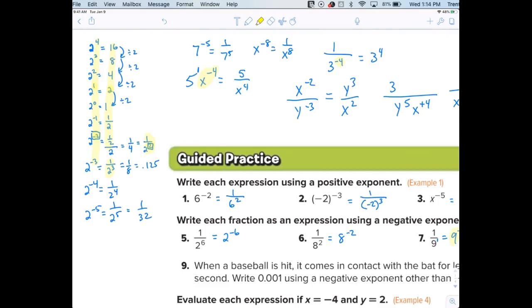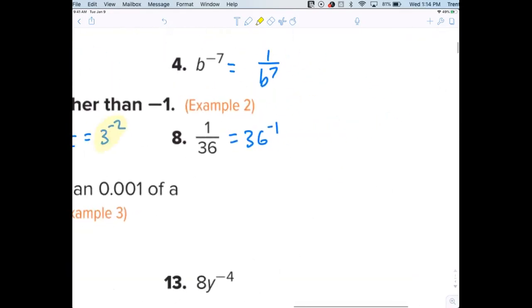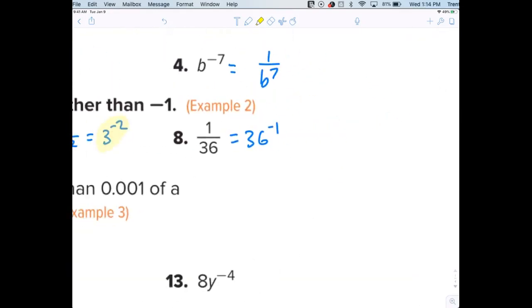It was simply a pattern. It wasn't someone sitting back making up these rules to make math difficult. It had everything to do with logic, right? If you look at the numbers, you can see sequentially what is going on. All right, that's what I would want you to know. So now back to this. 36 to the negative 1 is the same as 1 over 36. What else could that be?